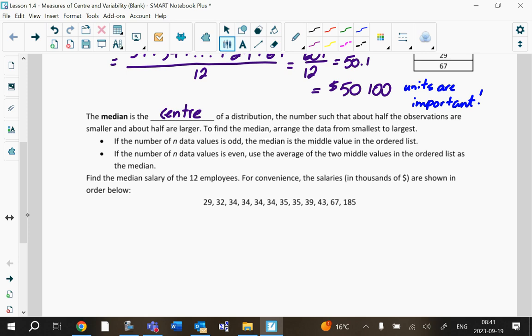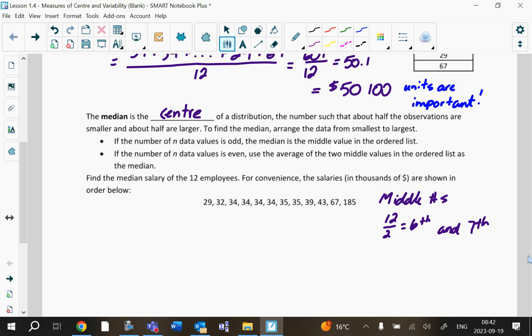If there's an even number, there's 2. And how do you find those 2? Basically, you divide the number of values by 2, that will get you one of the middle numbers, and then add 1 to get the other middle number. So here, I would do 12 divided by 2, the 6th one, and the 7th.